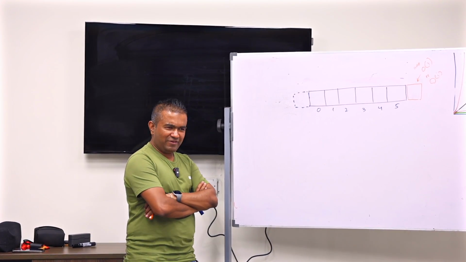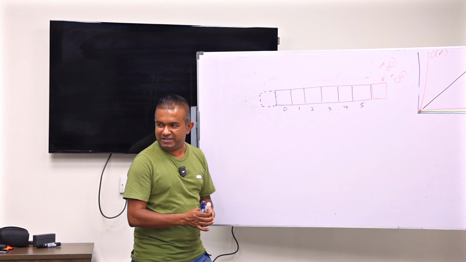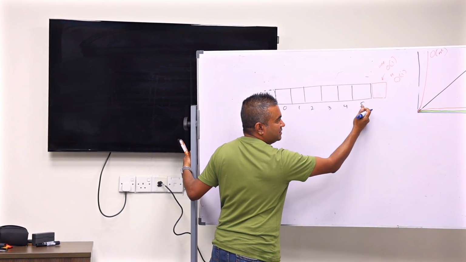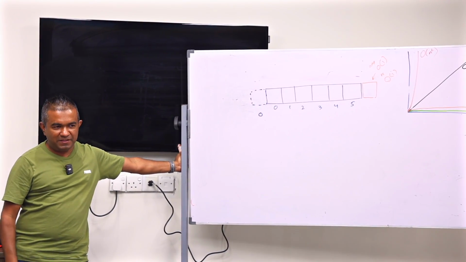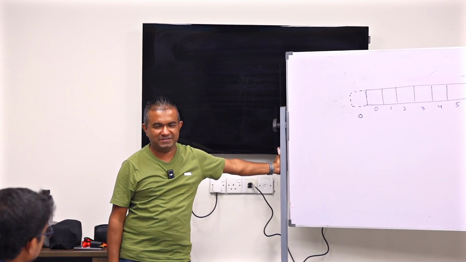O(n). Where did the O(log n) come from? Why? Because the moment you add, this becomes index 0, and you need to change every single index in the array. Everything happens linearly, okay?